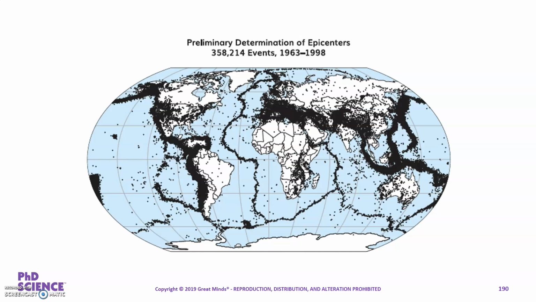I also noticed that down the center of the Atlantic Ocean, there's a solid string of black dots to show that there have been a lot of earthquakes there. There's also been a lot of earthquakes by Asia and Australia on the other side of the globe. There's so many in Europe that you can hardly even see where Europe is on that map. It's covered in black dots.